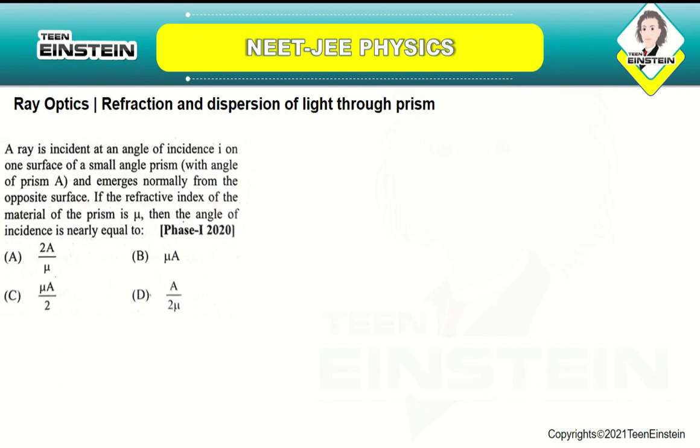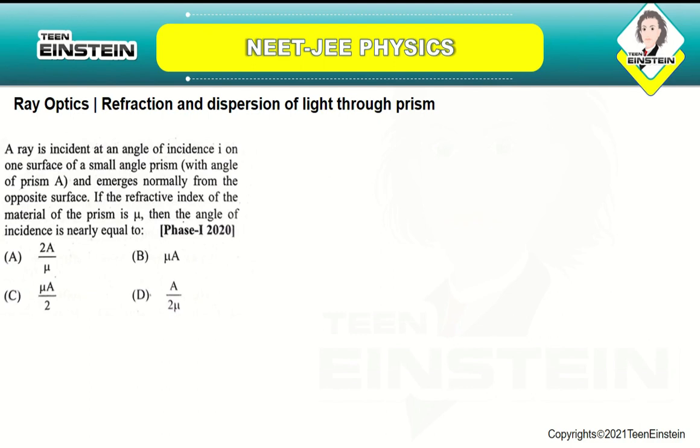A ray is incident at an angle of incidence I on one surface of a small angle prism with angle of prism A and emerges normally from the opposite surface. If the refractive index of the material of the prism is mu, then the angle of incidence is nearly equal to.